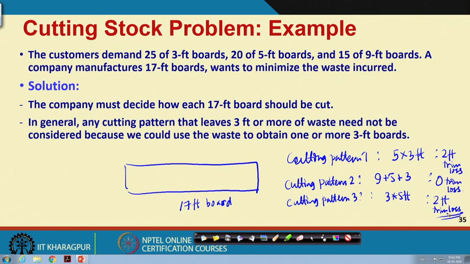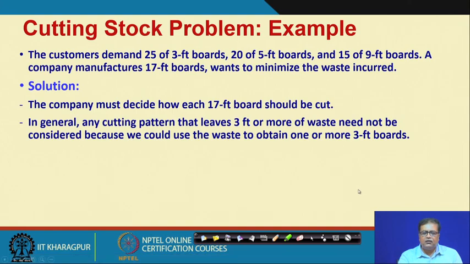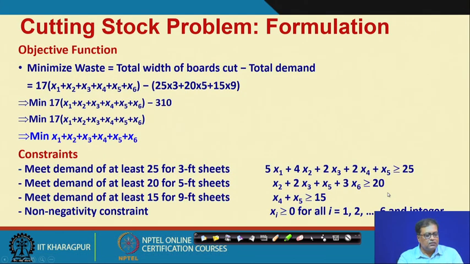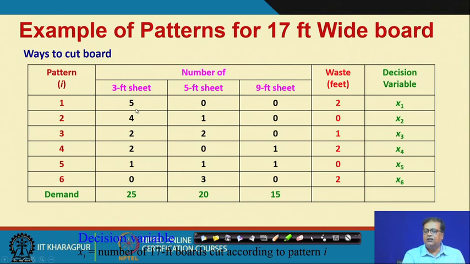Like this, you can think of different cutting patterns, and this is how they may look. Here are at least 6 cutting patterns that have been thought about. Supposing you cut 5 3 feet sheets, in that case the waste is 2, because 5 3 feet sheets will take 15 feet of the 17 feet width.